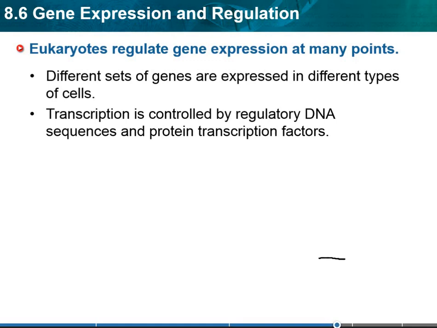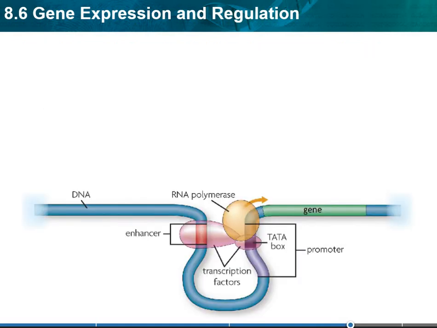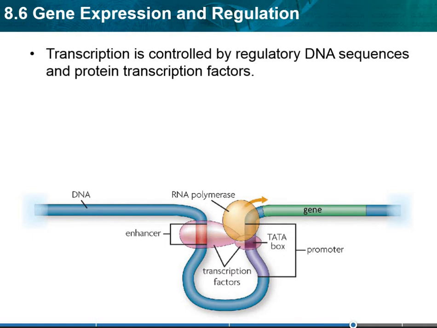If these transcription factors don't attach, transcription is not going to occur because the RNA polymerase can't attach. So transcription is controlled by the regulatory DNA sequences and the protein transcription factors.